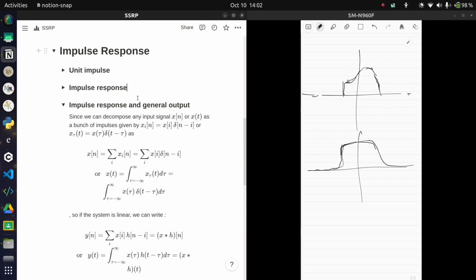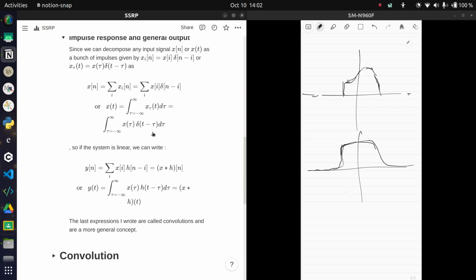Then impulse response and general output. Once again, you can think of x of n as decomposed into a bunch of impulses of varying magnitudes, and since your system is linear and shift invariant, you can get the impulse responses to those impulses and add these up. The process is written over there, I'm not going to go over it. The same thing can be done in continuous systems as well.